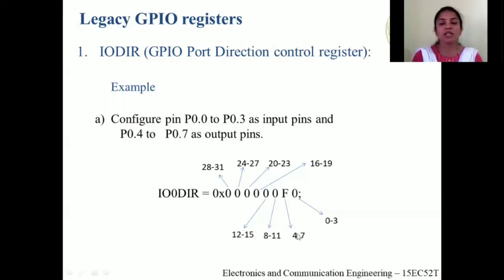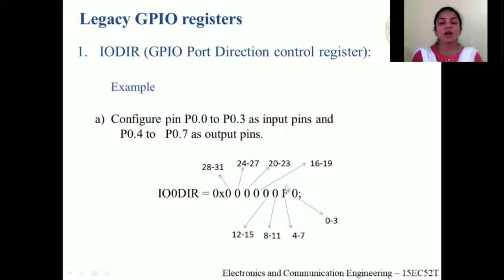That means 4 ones, 1 1 1 1, and the hexadecimal value is F. So to configure port 0 pins 0 to 3 as input and 4 to 7 as output, the hexadecimal value we have to set on the port pins by using the IO0DIR register is 0x000000F0.